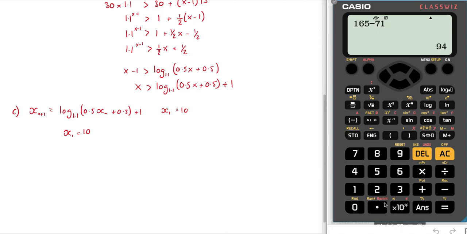So let's load this up into the calculator. So I'm going to go 10, hit equals, and then we're going to have log of base 1.1 of 0.5 times the answer. Wherever you have an xn, you put answer plus 0.5. We go outside of the log. Whoops, back to the end.